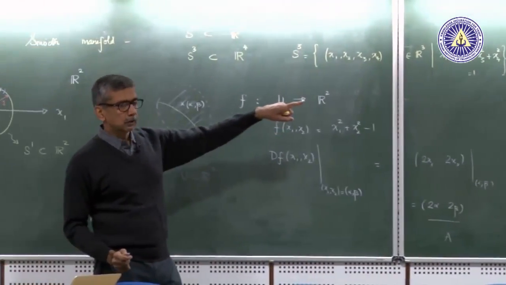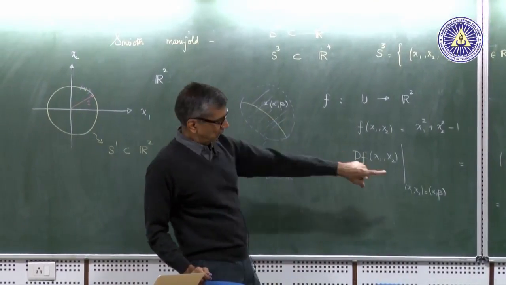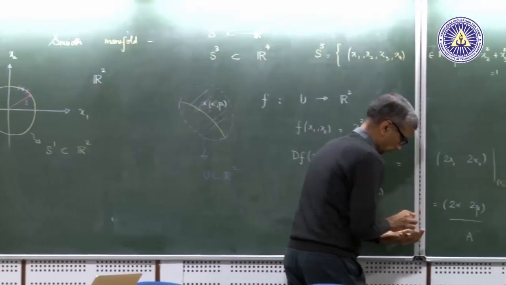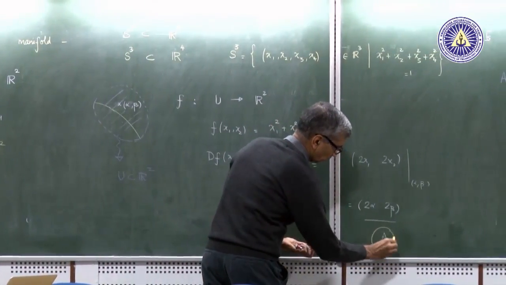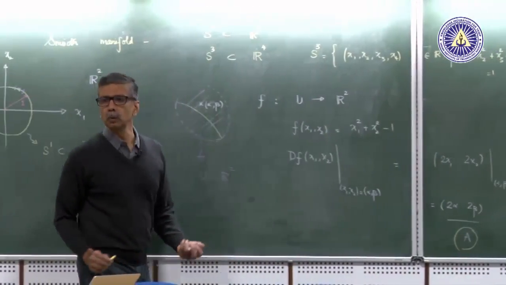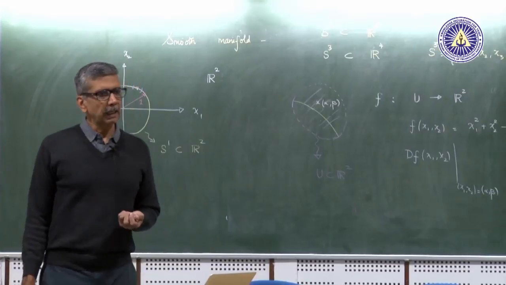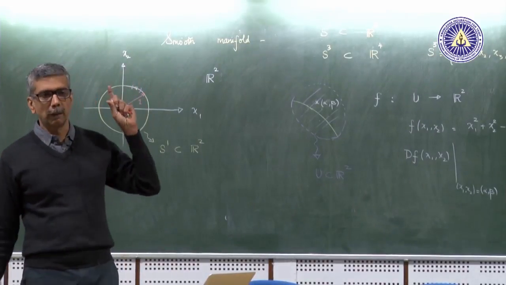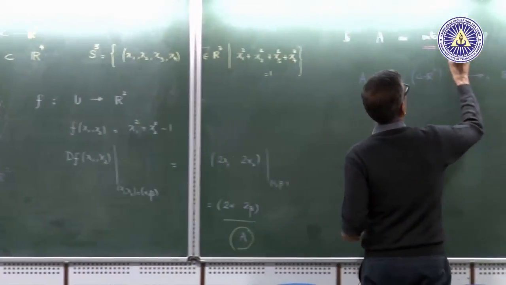Okay, so A is a mapping from U to R1. So when I ask the question, is A an onto mapping, or is A an onto matrix or mapping?